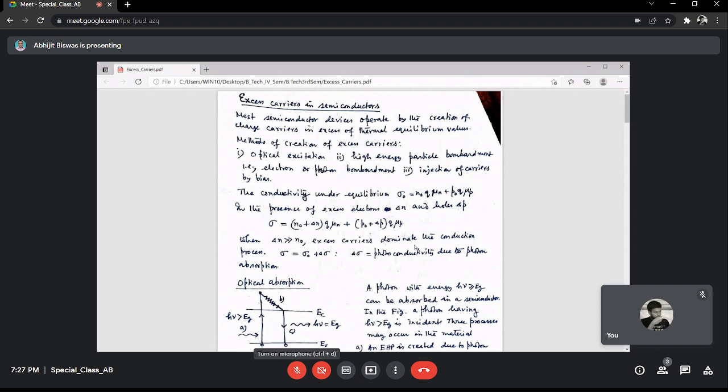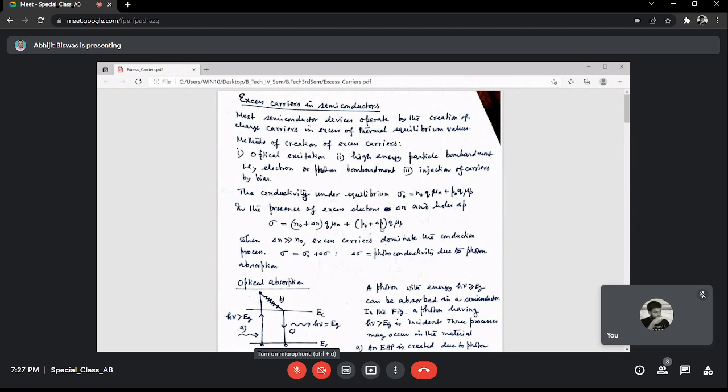So in case of excess carriers, what will happen? The conductivity will be changed. Therefore, sigma is the new conductivity, n0 is the equilibrium electron concentration, and delta n is the excess electrons generated by say optical excitation, q into mu n, plus p0 is the equilibrium value of the hole concentration.